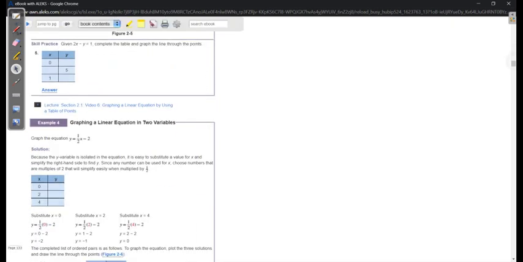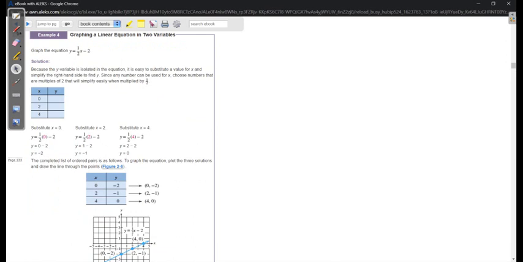Okay, example 4. We're going to be graphing a linear equation in 2 variables. Same thing, and honestly, what we're going to do is kind of hand wave through this.